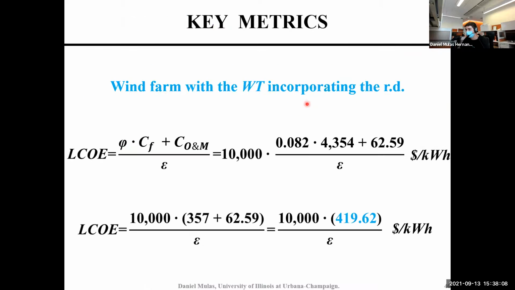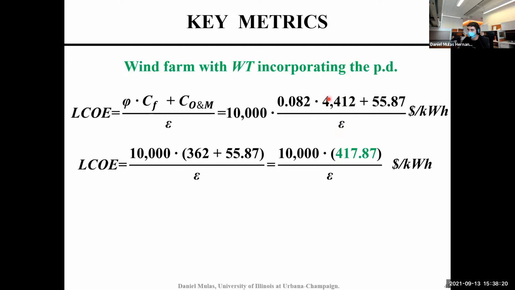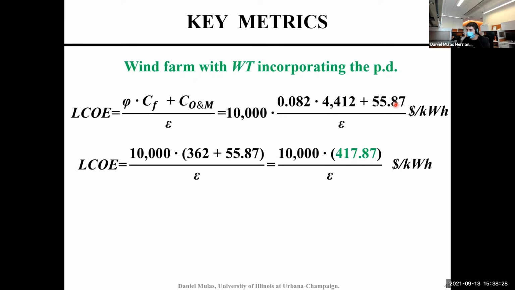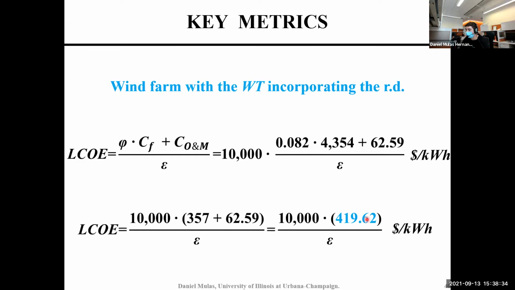Sorry, now there's an introduction just to make sure that we understand that even though the fixed costs are higher for the proposed design, as you can see, if we compare, this is the reference design and this is the proposed design, as the operational maintenance cost also changes, finally what we obtain is that the number in the numerator for the proposed design is always going to be lower in comparison with the reference design.